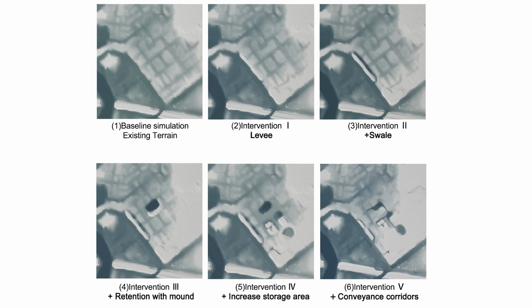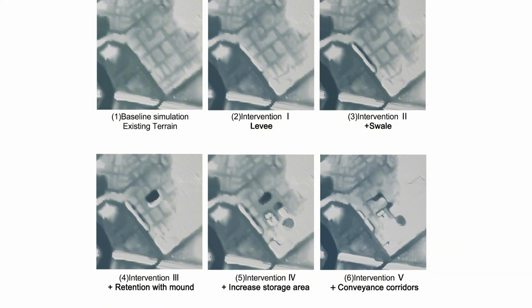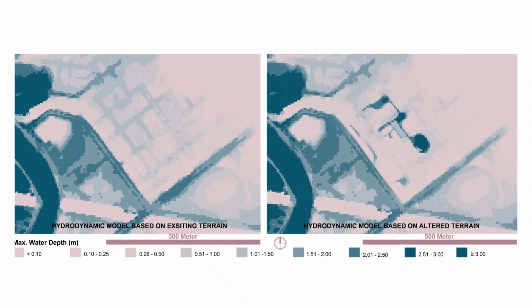After that, terrain interventions such as levees, fields, and storage areas were iteratively tested in real-time simulation. In this way, the engine enables repeat testing of creative exploration, offering a better understanding of flood behavior to support design. The final design scenario was transferred back to MIKE+ for further testing and validation.